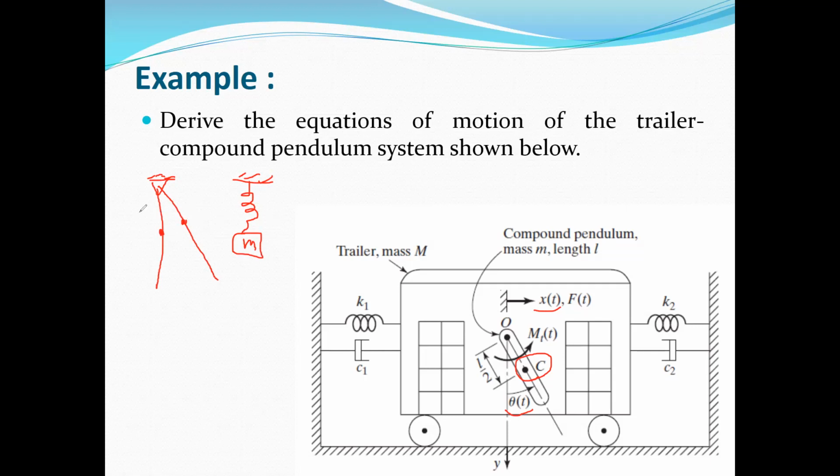But here in the pendulum, this mass and its variation in the height will appear in the potential energy. And also we have one spring here, K1, one spring K2 here. So both of them will appear in the potential energy.